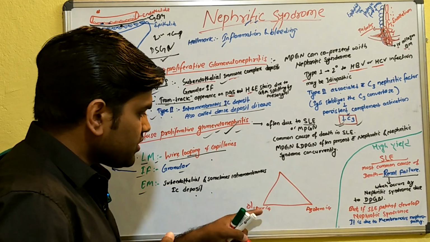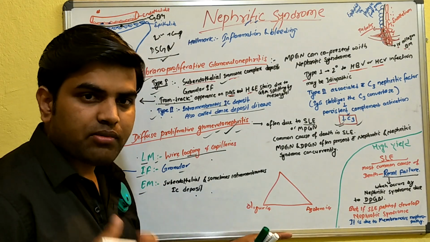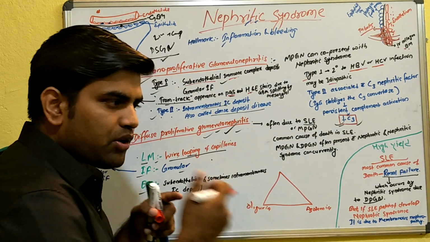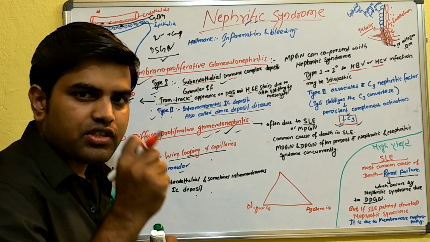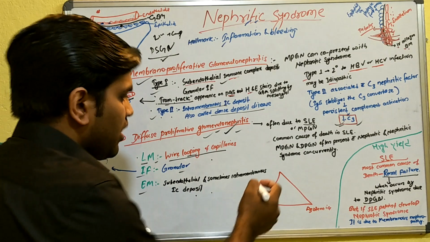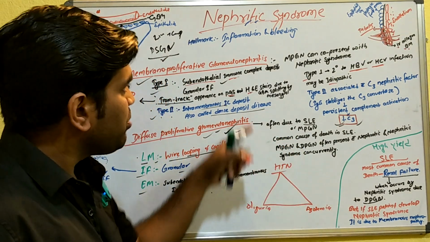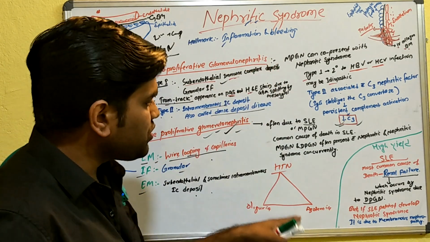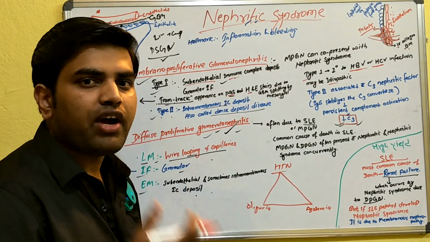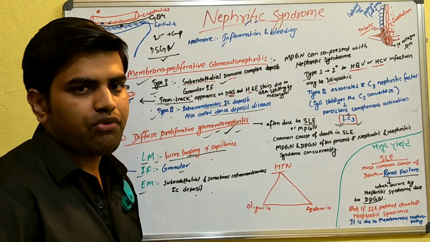This mechanism, if you remember, leads to angiotensin 2, which is responsible for vasoconstriction, and vasoconstriction will cause hypertension. There will also be bleeding and damage, so hematuria, and oliguria, azotemia, and hypertension.